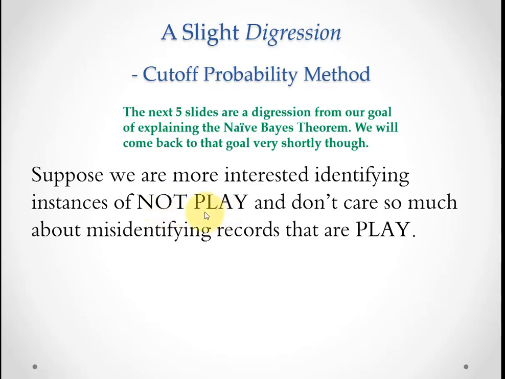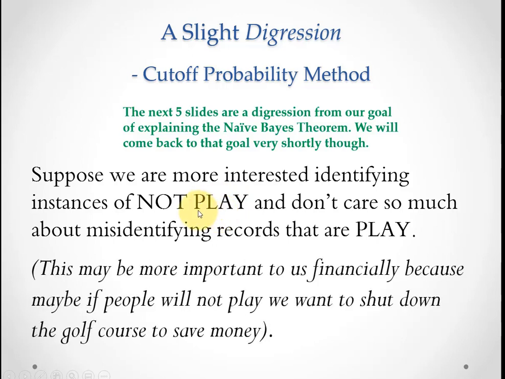So we're choosing one kind of error as more important than the other. It may be more important to identify not plays financially, because if people will not play, we want to shut the golf course to save money. So we don't want to miss an example of suggesting that people are not going to play based on the weather, even if sometimes we will misclassify people who are going to play and call it not play, but we're not as worried about that kind of error.